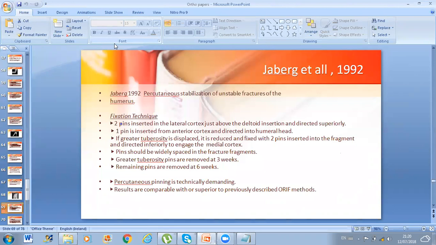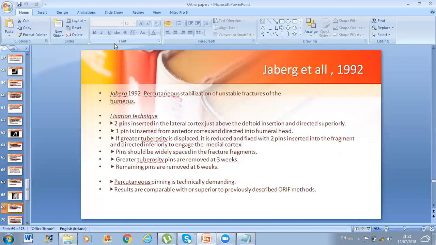His fixation technique was two pins inserted into the lateral cortex just above the deltoid insertion and directed superiorly. One pin is inserted from the anterior cortex directed into the humeral head. If the greater tuberosity is displaced, it is reduced and fixed with 2 pins inserted from the fragment and directed inferiorly to engage the medial cortex.